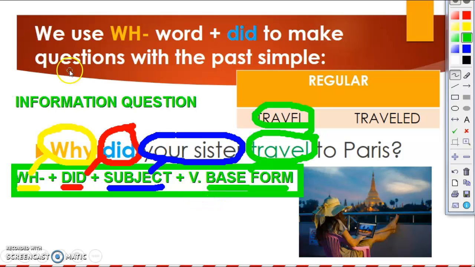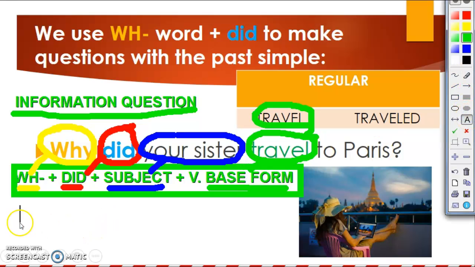We have an information question. The answer for this question is also an information answer. For example, why did your sister travel to Paris?